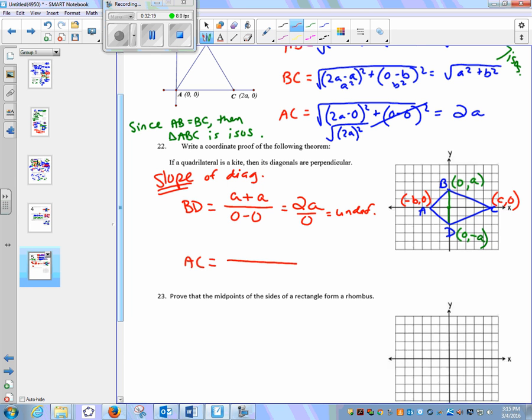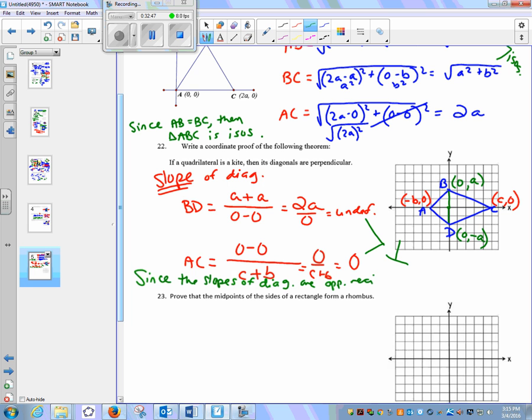Slope of AC, 0 minus 0 over C minus negative B. That's 0 over C plus B, which is 0. One is horizontal, one is vertical. These are perpendicular. So, sentence: since the slopes of the diagonals are opposite reciprocals, they are perpendicular.